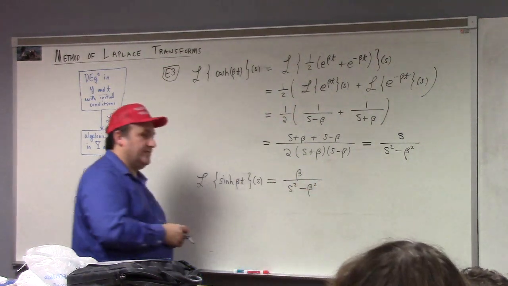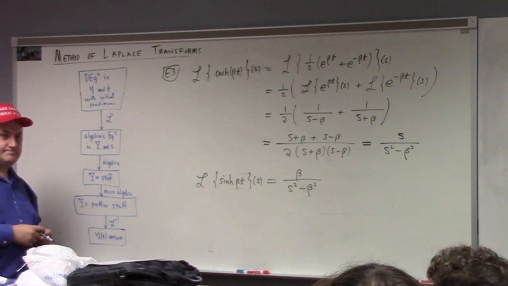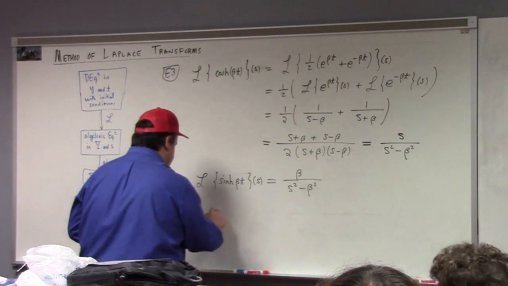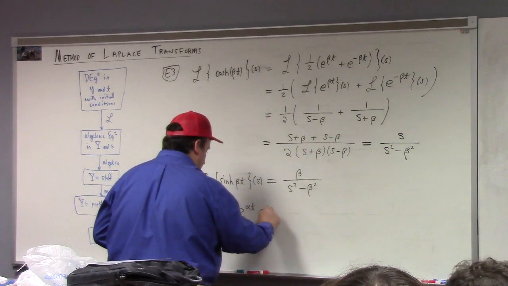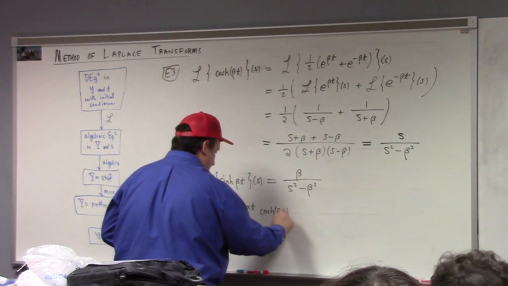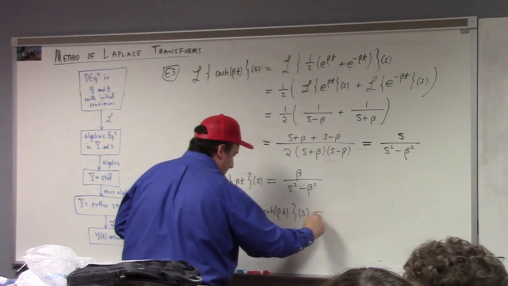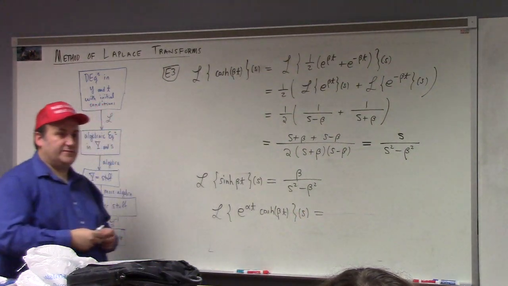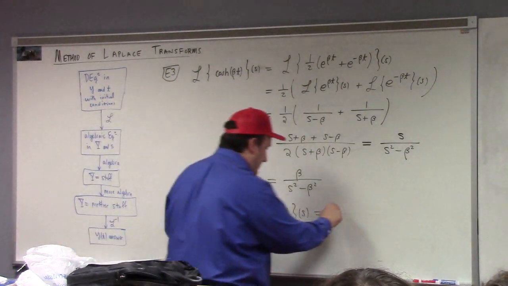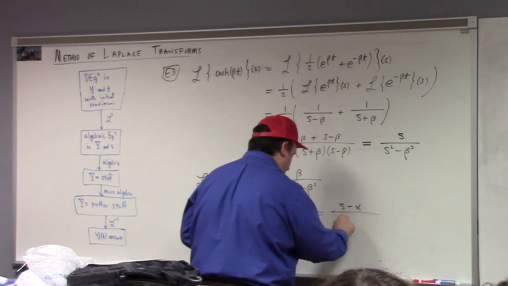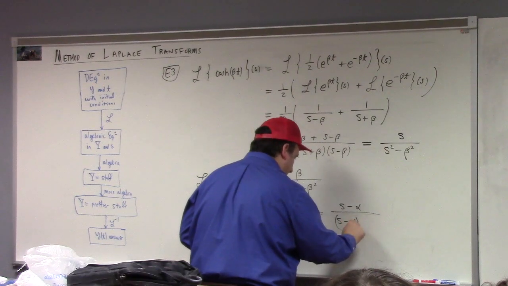That is the Laplace transform of sinh. What's the Laplace transform of e to the alpha t cosh beta t? What do you think? If you had to guess without actually working out all the algebra. s minus alpha over (s minus alpha) squared minus beta squared. You are correct.